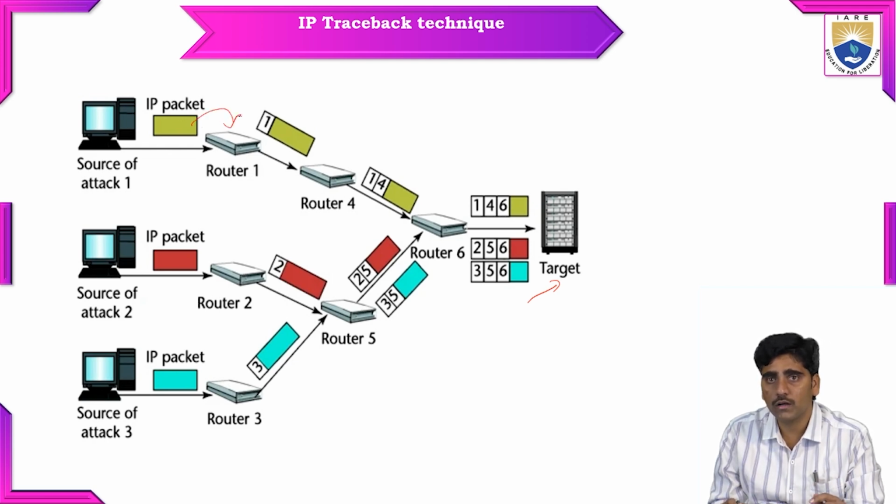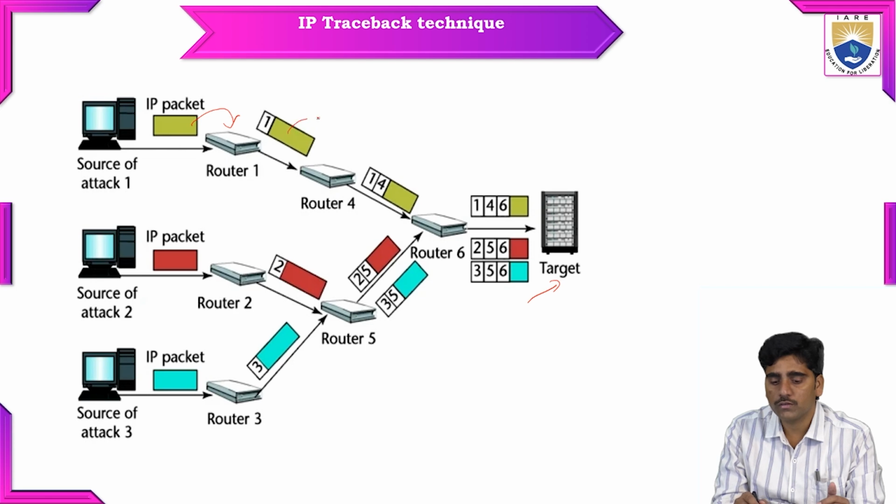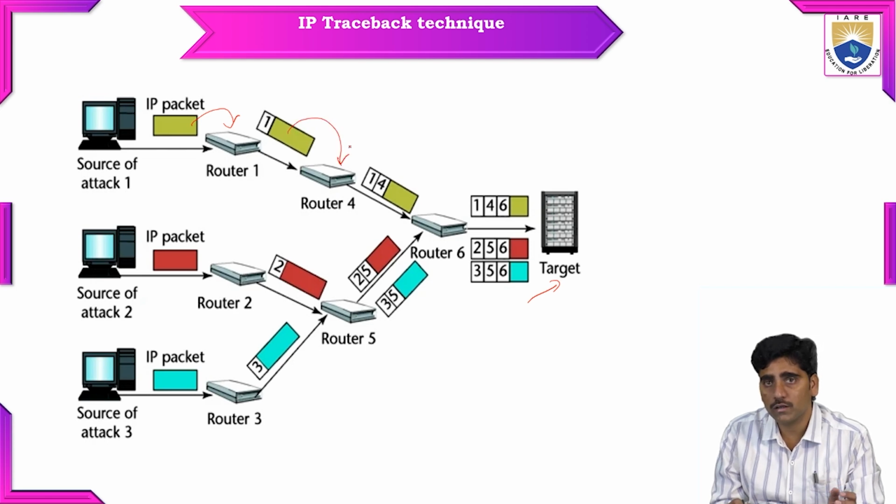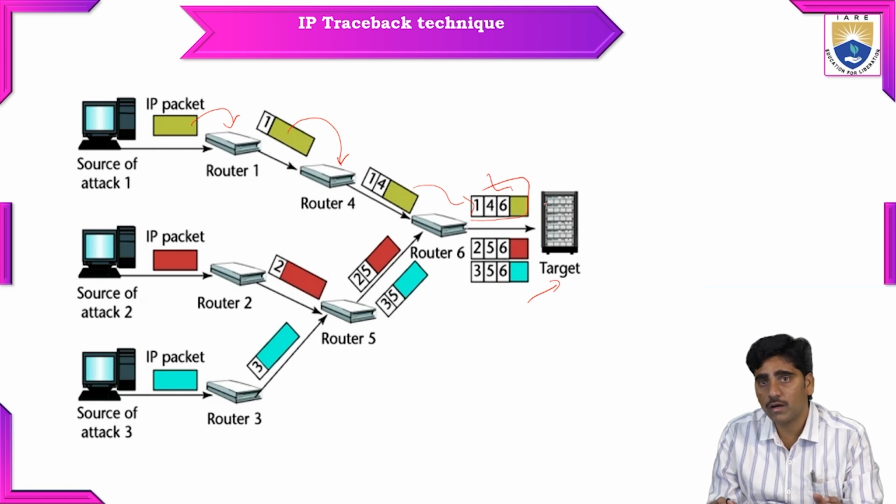Router 1 stores the packet information, the next router 4 stores the information of the packet, and the next router 6 stores it too. So now the packet information is stored at routers 1, 4 and 6.